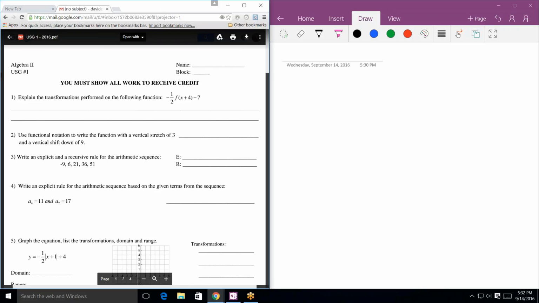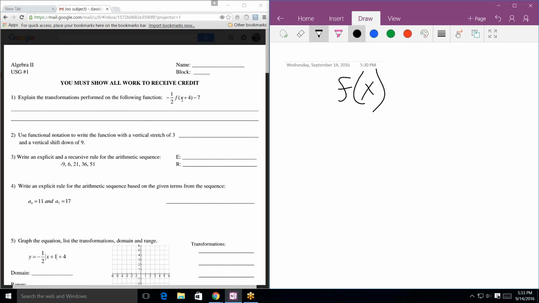All right, where would you like to start, Patrick? With 1? Yes. Okay. Can you explain the transformations, in other words, if the original function is f of x, what is happening to this?